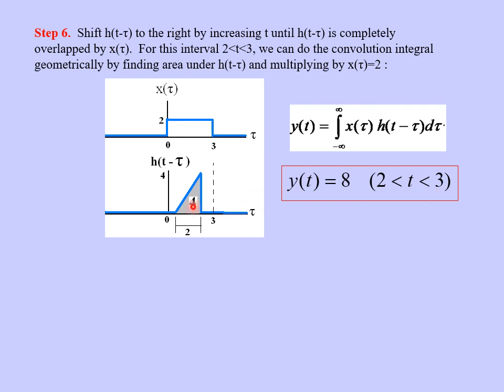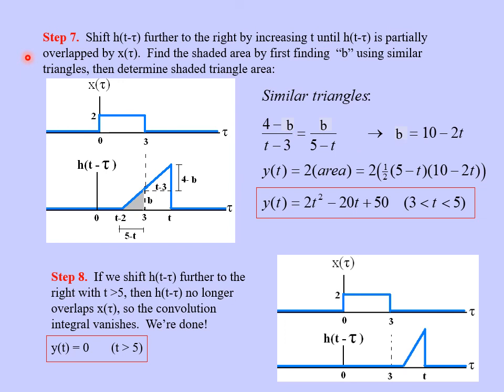But of course we're not done yet, because we have to keep sliding this thing over to the right, and now it's going to partially overlap, which is shown here in step 7. So for t between 3 and 5, we get partial overlap of h of t minus tau. So again, here we go.